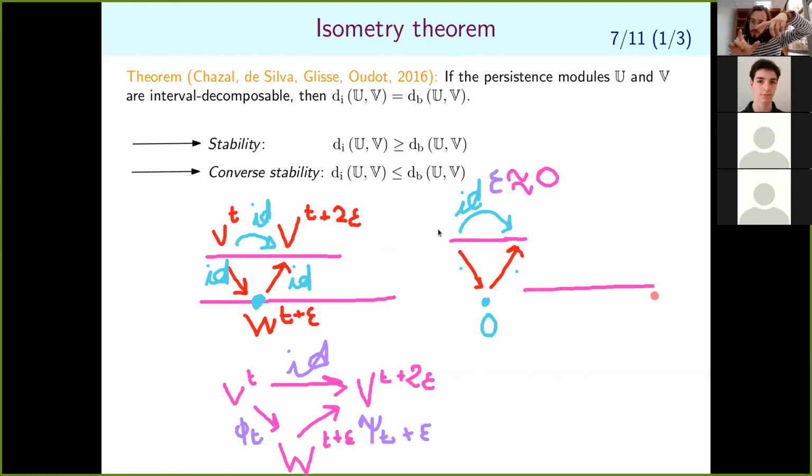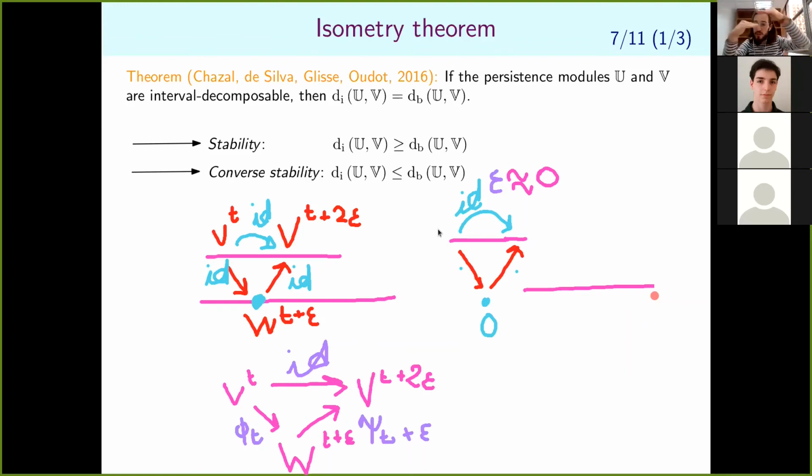So I will try to summarize that. If you take large epsilon, then these diagrams are trivial, because we go out from the intervals. If you take a small epsilon compared to the length of the intervals, then we have to make sure that the bars are close to each other.